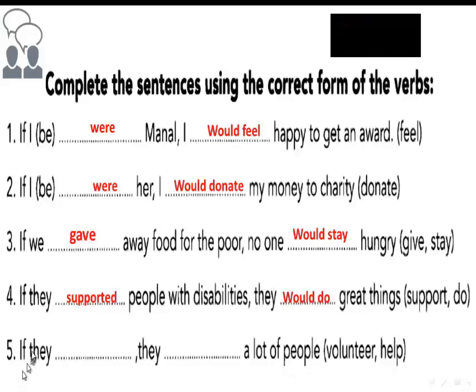Number 5, the last one. If they, a lot of people, okay? Volunteer, help. 2 verbs here. The first one, volunteer, we should write it in the past tense.